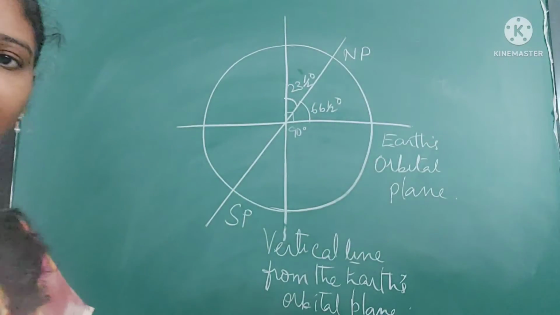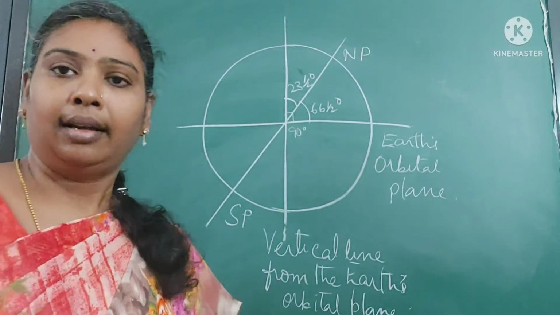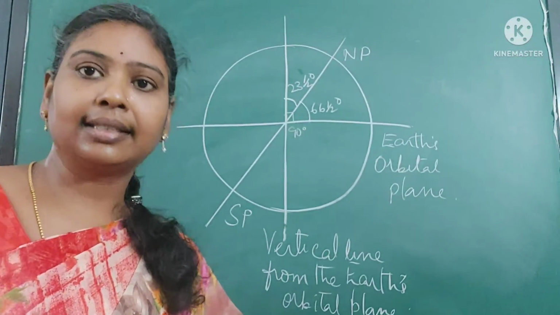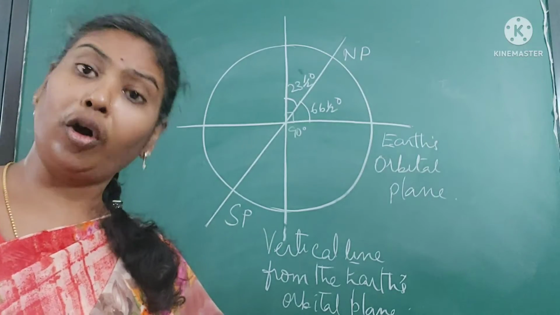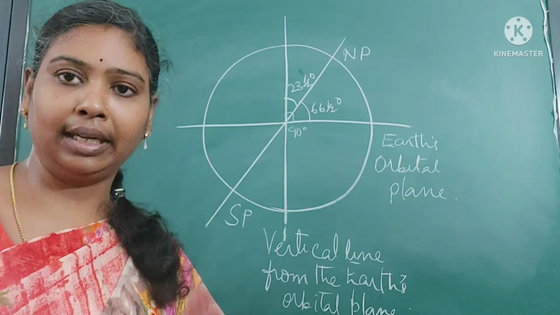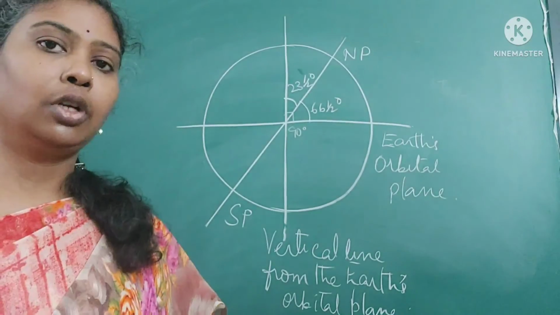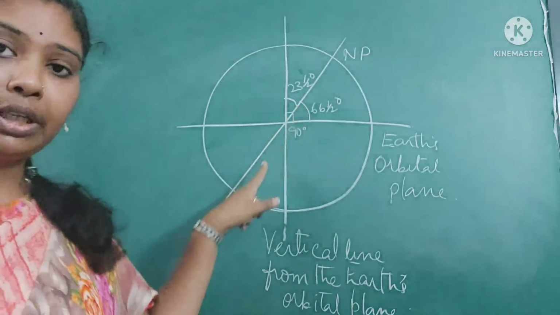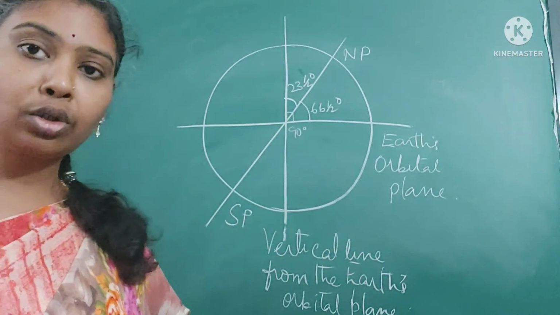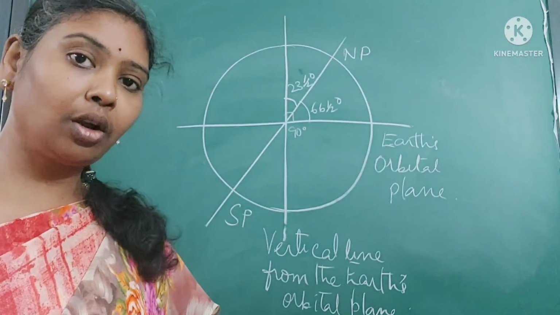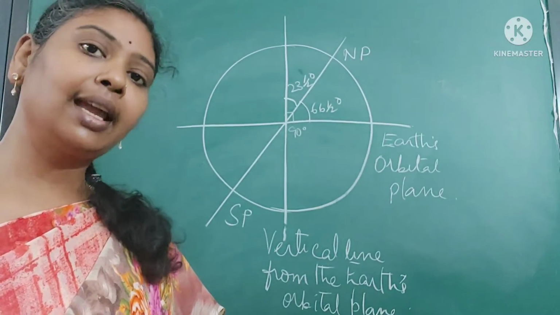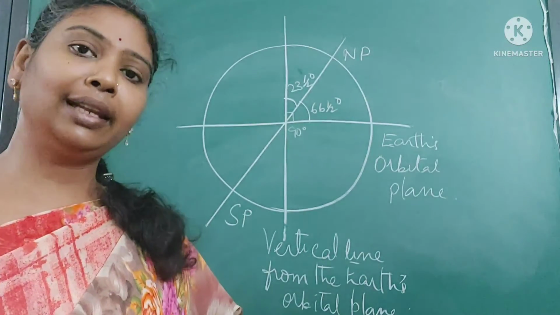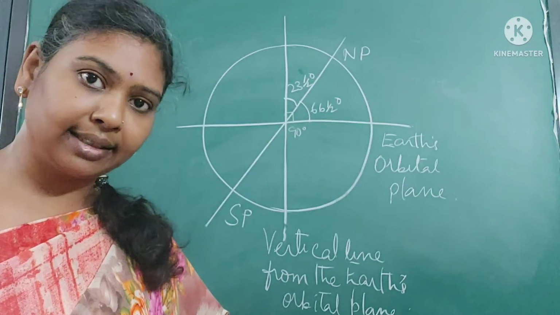So we can either say that Earth's axis is tilted to an angle of 66.5 degree or 23.5 degree. Okay. So this tilt of the Earth's axis is also known as inclination of the Earth's axis.